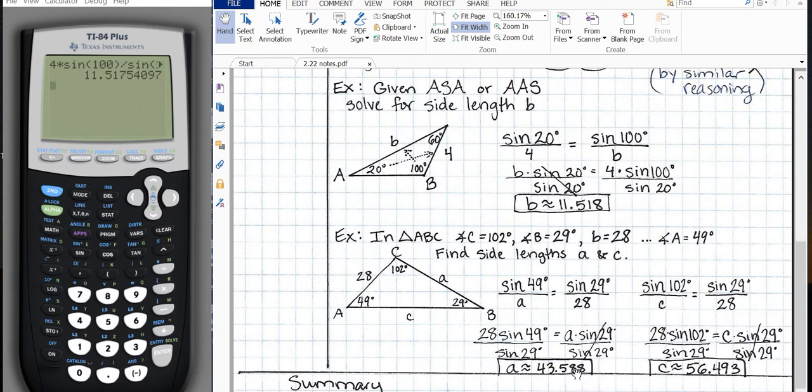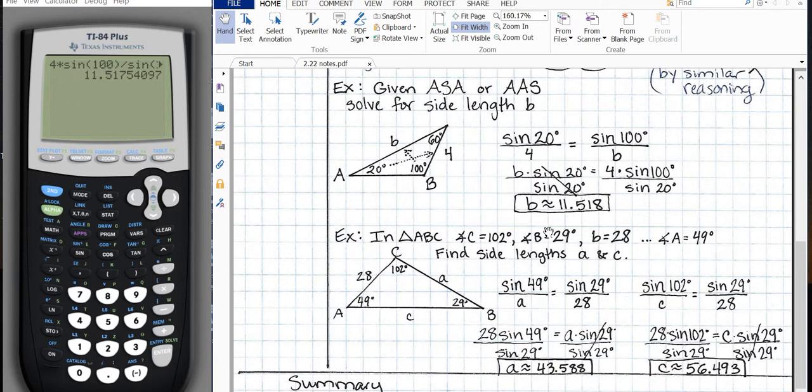Okay, so now here's another triangle. Oh, it's very creatively named. It's ABC again. And we are given this list of information. Angle C is 102 degrees, angle B is 29 degrees, and side B is 28 units, whatever kind of units they happen to be. And then see the little dot, dot, dot right here?